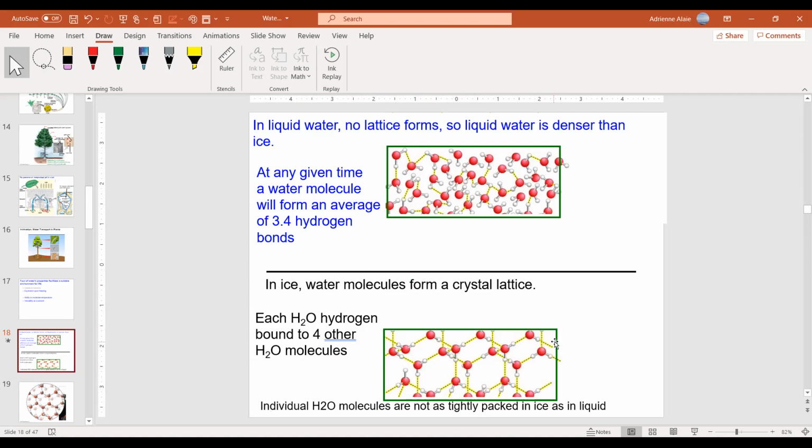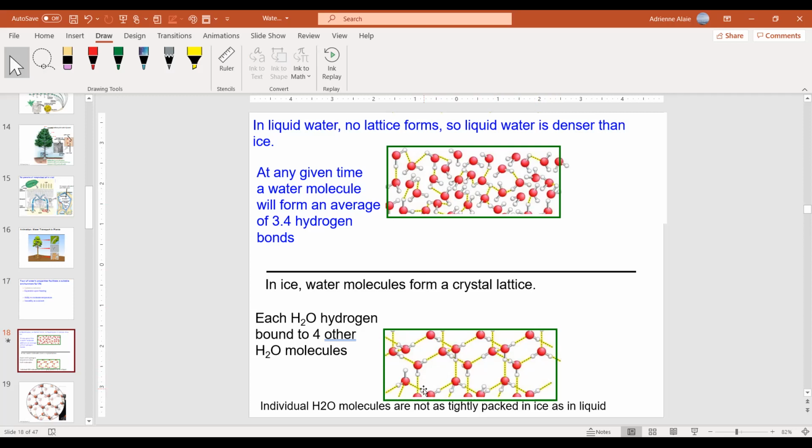So this means, and I put a little rectangle to show you, that if you were to count how many water molecules are in this bracket and how many are in this bracket, of exactly the same size, there's far more water molecules per volume in liquid water than there are in ice.